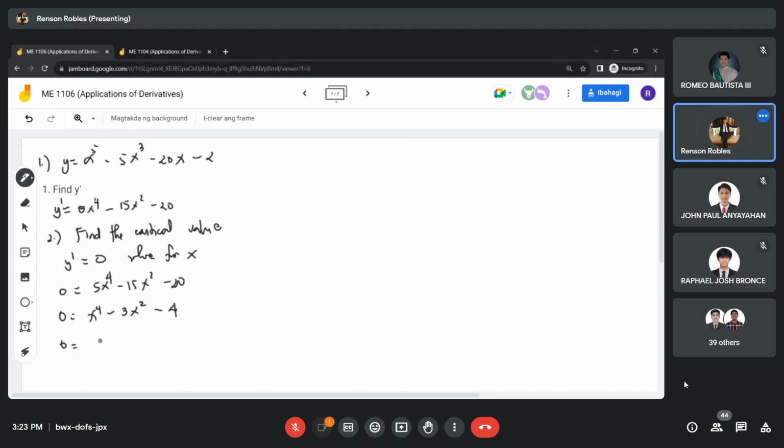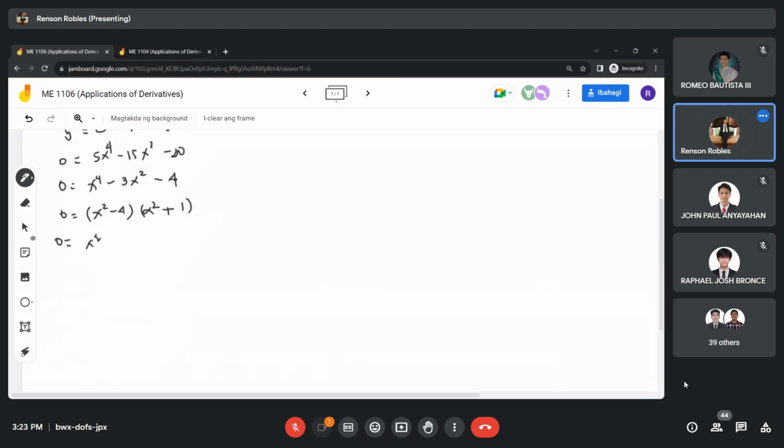Then 0 equals x squared minus 4 times x squared plus 1. Okay, you check if that's right. All right, so you have 0 equals x squared minus 4, and 0 equals x squared plus 1.